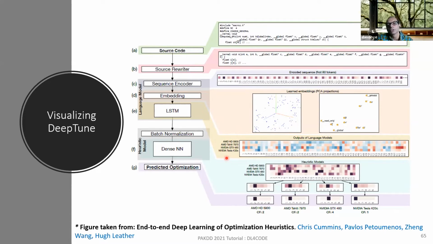That's also expected because we are feeding the details about the hardware. For example, these are the names of several GPUs from AMD and NVIDIA that you may be aware of. They will have different hardware characteristics, and depending on that, we'll also have different activations, and the outputs will also be different.